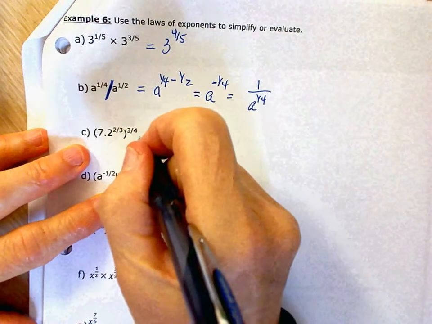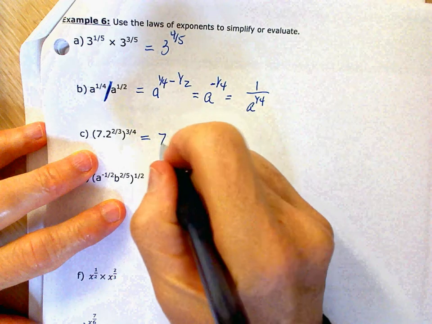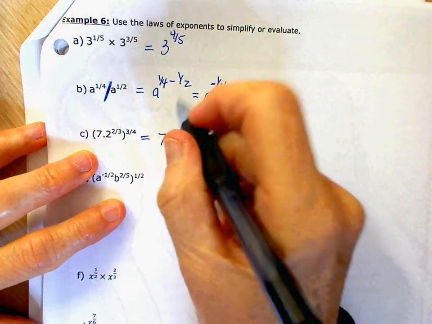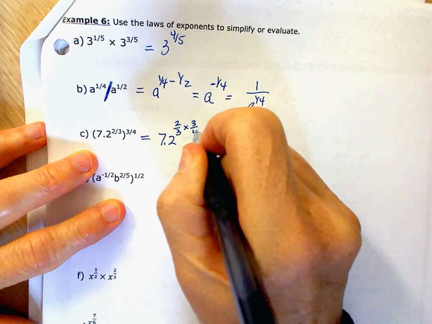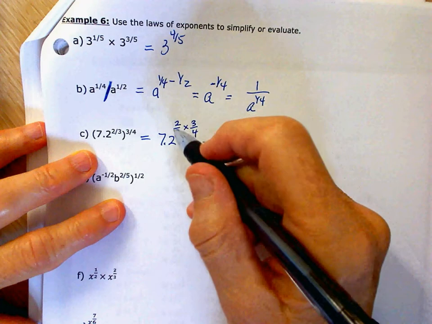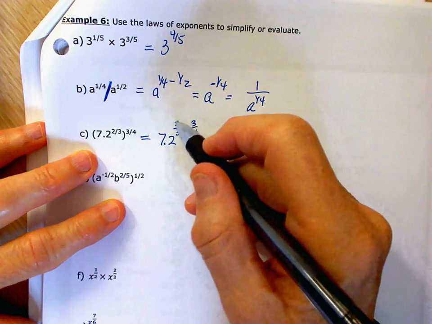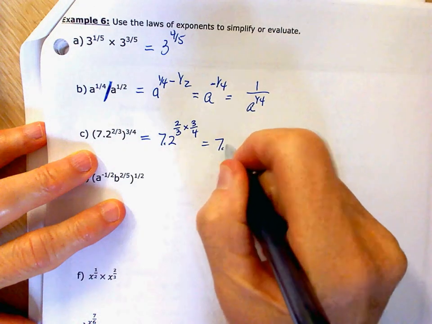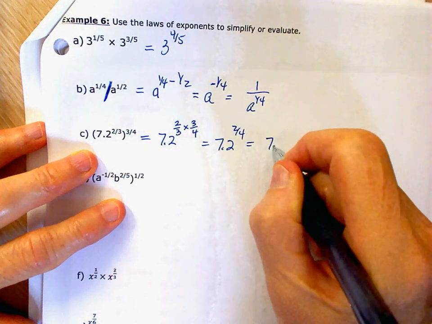And this is a power to a power, multiply exponents. When these divide out, 3 goes into 3 once. And this is going to be 7.2 to the 2/4. And remember to always simplify.